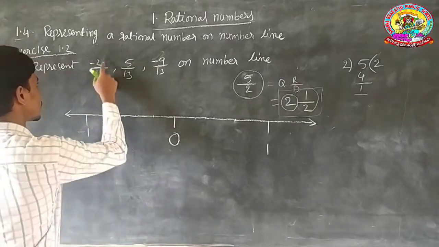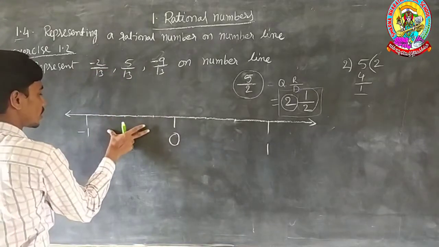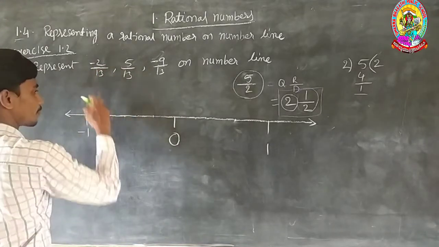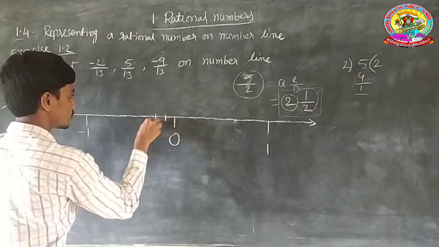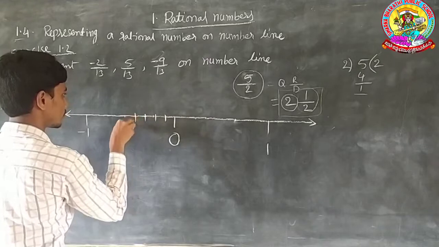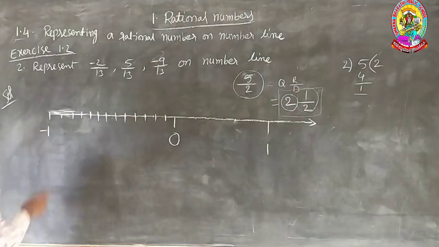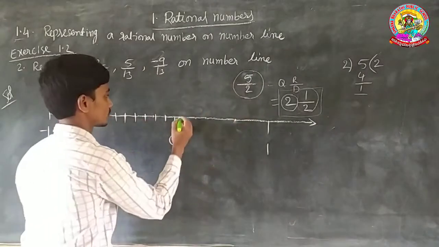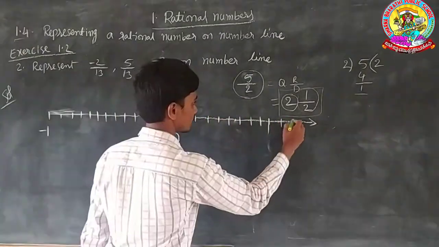So how can we find the 2 by 13th part? By simply dividing the space between 0 and 1 into 13 equal fragments: 1, 2, 3, 4, 5, 6, 7. This side also 1, 2, 3, 4.